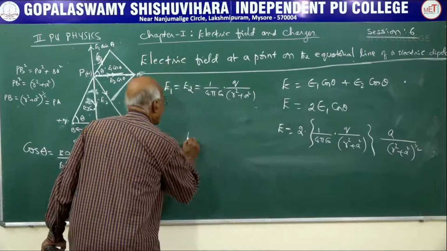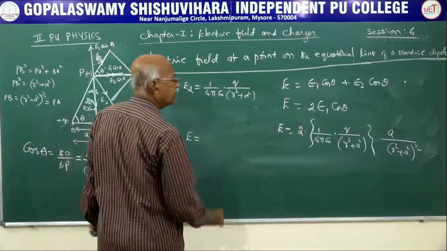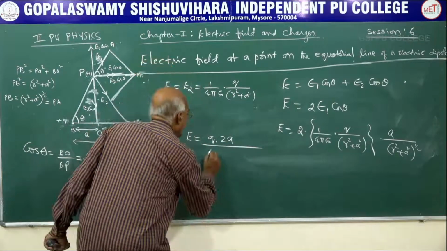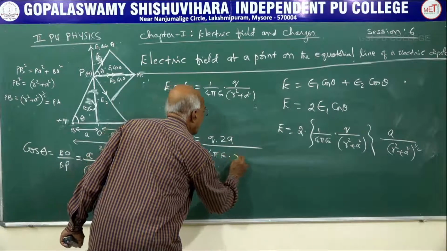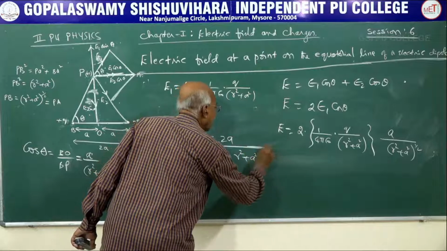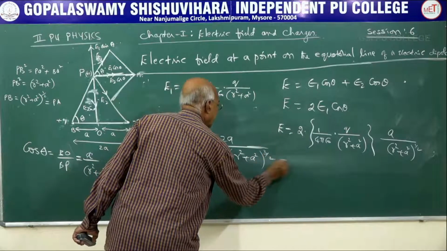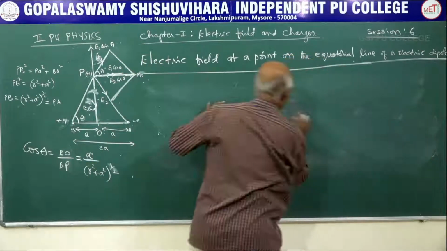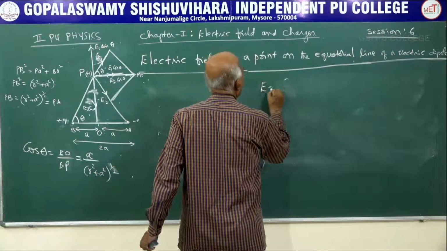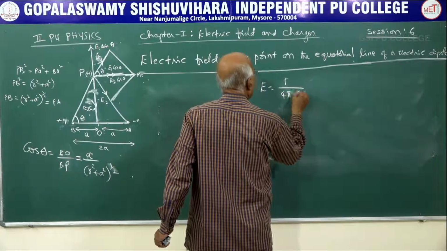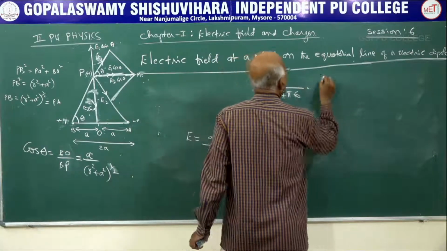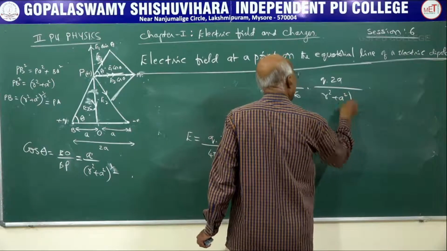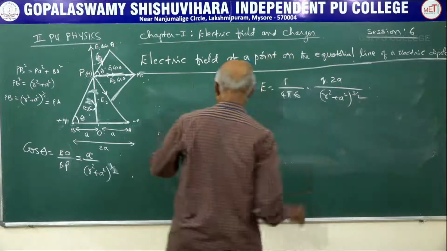Now on simplification, E is equal to Q into 2A divided by 4 pi epsilon naught into R square plus A square to the power of 3 by 2. Rewriting this, E is equal to 1 over 4 pi epsilon naught into Q into 2A divided by R square plus A square to the power of 3 by 2.